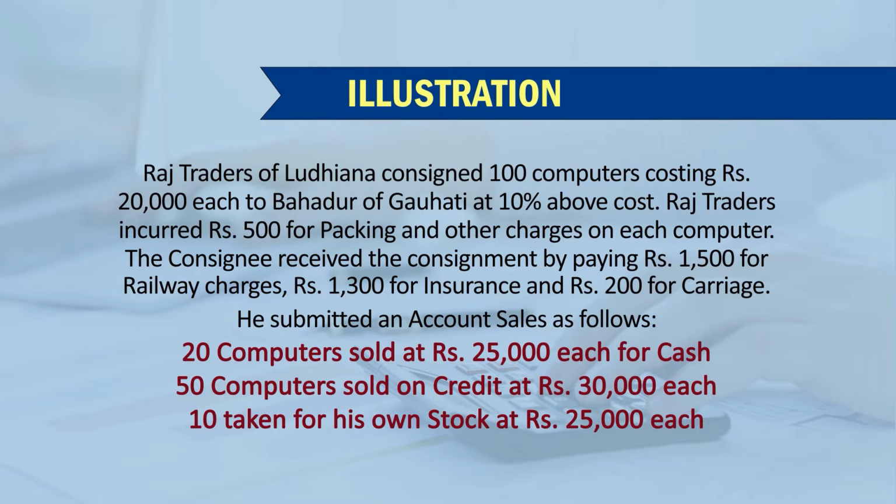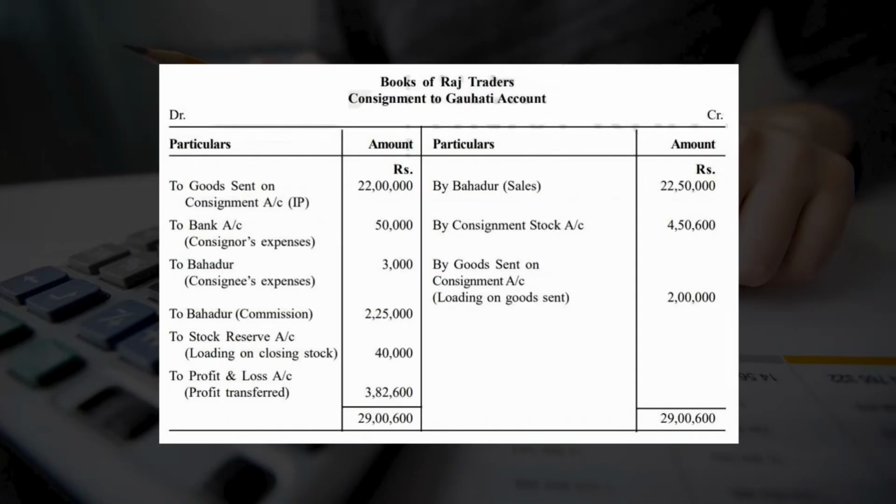At 10% above cost, 10% of 20 lakh is 2 lakh. It means these computers were sent by the consignor to the consignee for rupees 22 lakh, and out of 22 lakhs, 20 lakh is the cost and 2 lakh is the loading. So the loading by goods sent on consignment is 2 lakh.